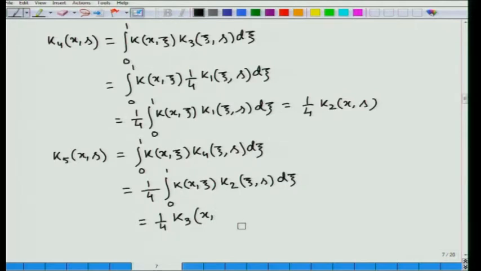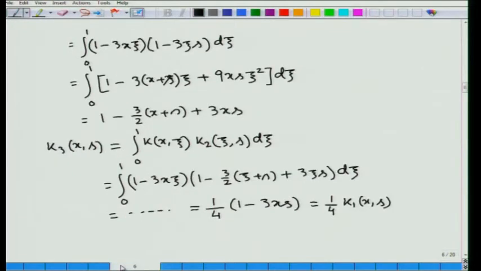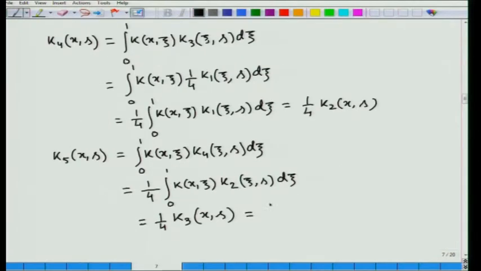This will be the result for k5. Now, already we have obtained that k3(x,s) is equal to 1/4 k1(x,s), so this is equal to (1/4) squared k1(x,s).